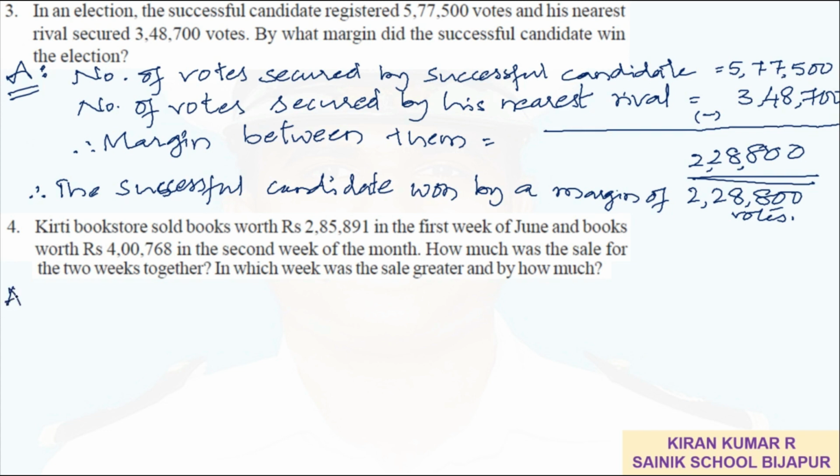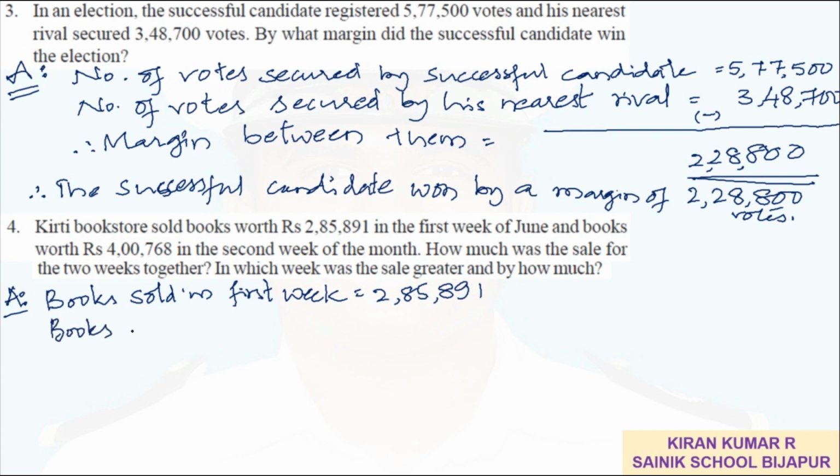So let me mention the answer here. Books sold in the first week is 2,85,891 and the books sold in the second week is 4,768.